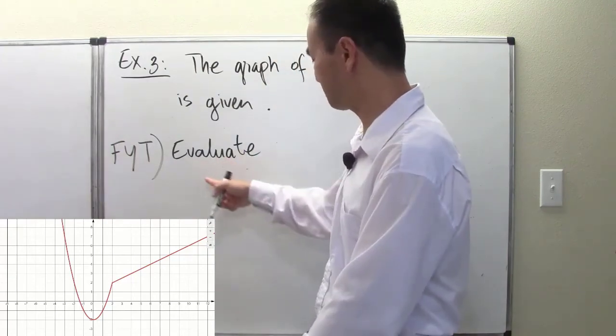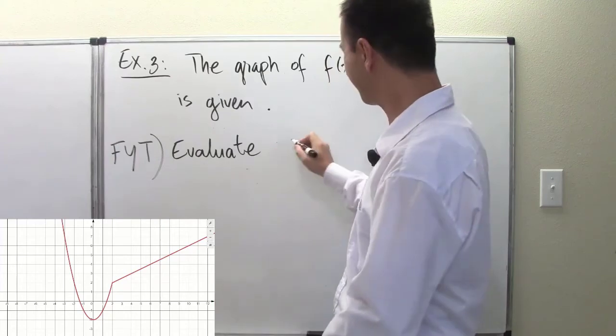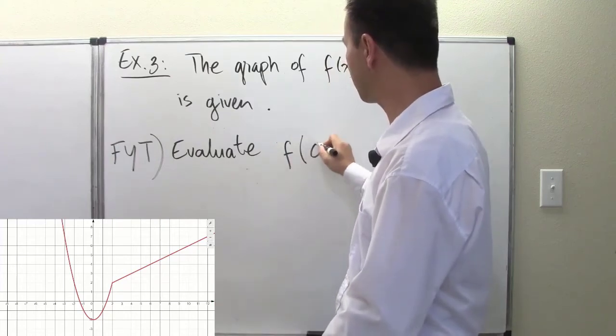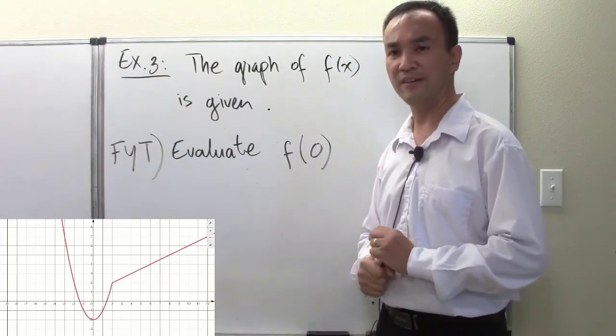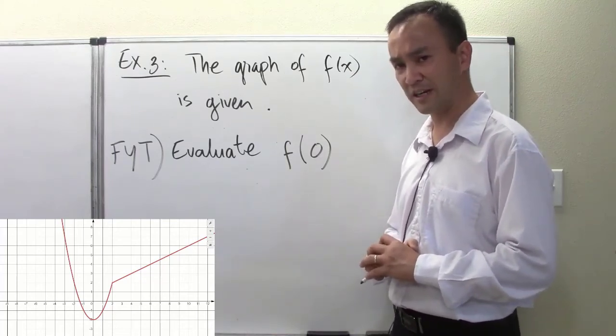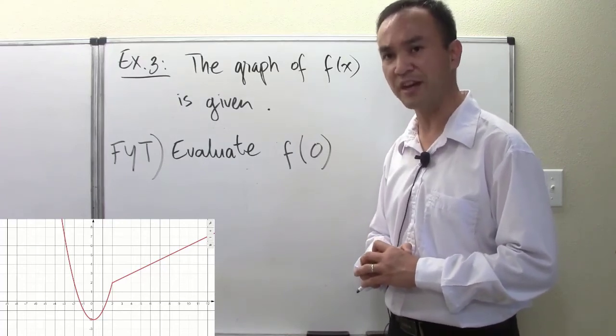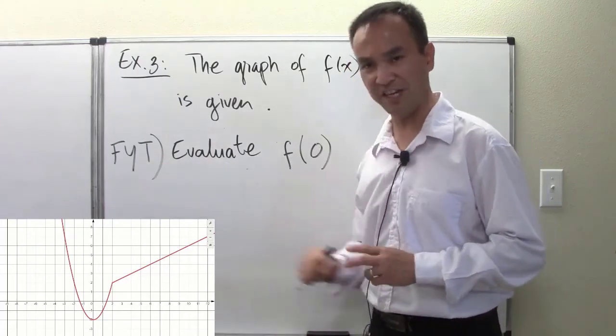Okay, so let's try independently on your own, and the graph is still here. f at 0. Okay, f at 0. All right, so I'm going to wait for a little bit, and I will only tell the final answer, and then I'll leave that for you to verify, because this is an FYT right here.